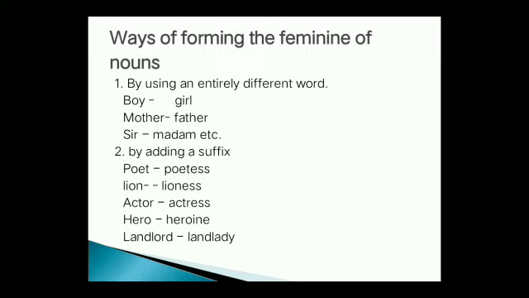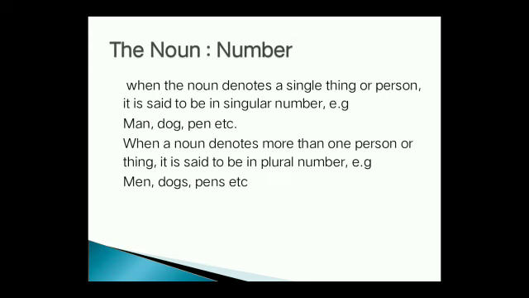Like poet is the root word, and we add ess and it becomes poetess, and that is the feminine gender of poet. Then we have lion, the same way it becomes lioness, actor, actress, hero, heroine. We are adding ine with this. Landlord, landlady.